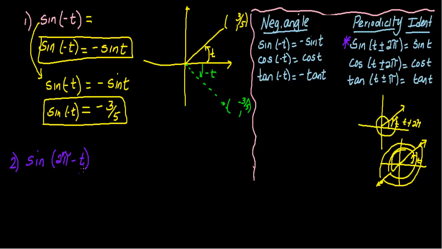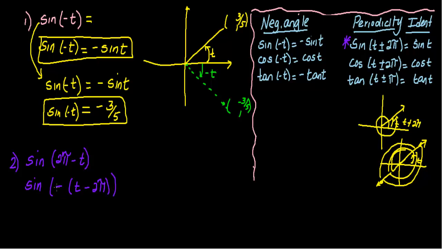Okay, so I'm going to rearrange this so that it looks like my identity so that I can use it. What do I do to make this look like t plus or minus 2 pi? This is what you do. I'm going to rewrite this. I'm going to factor out a negative here. Watch. Sine of negative t minus 2 pi.